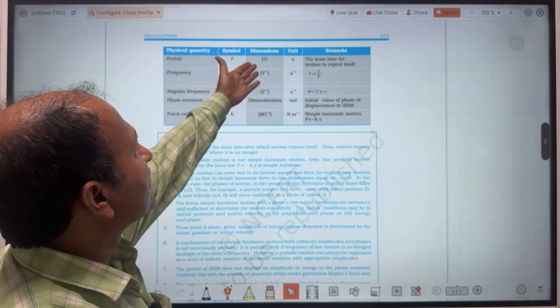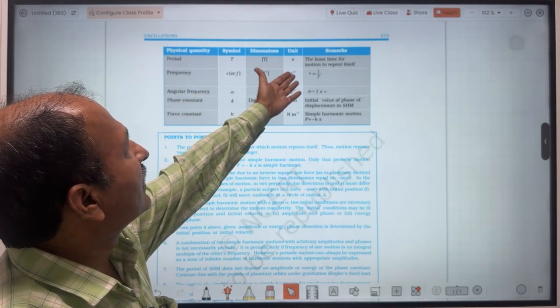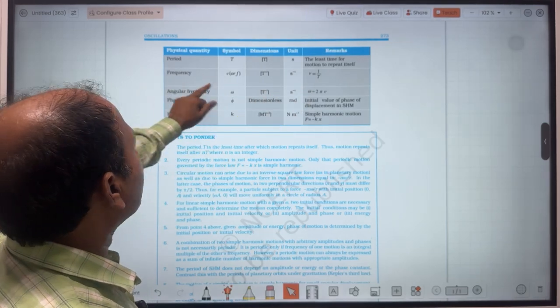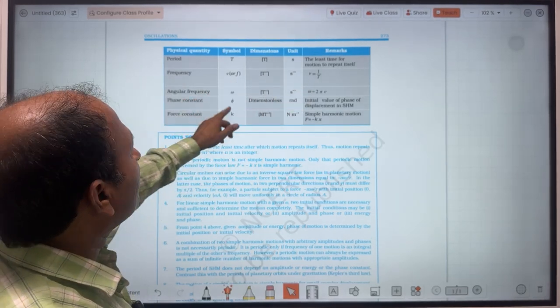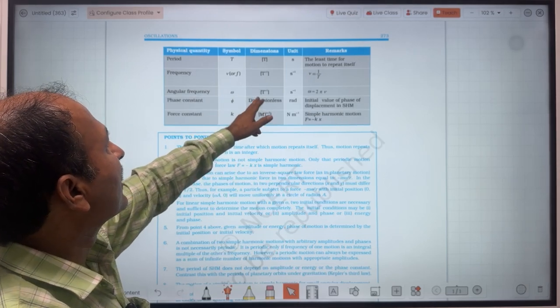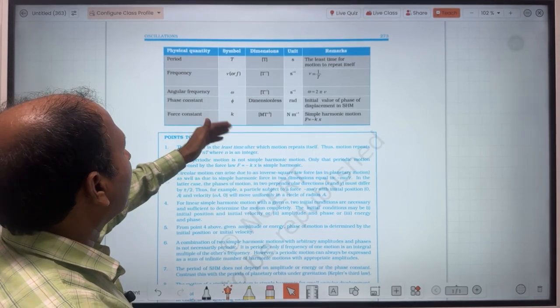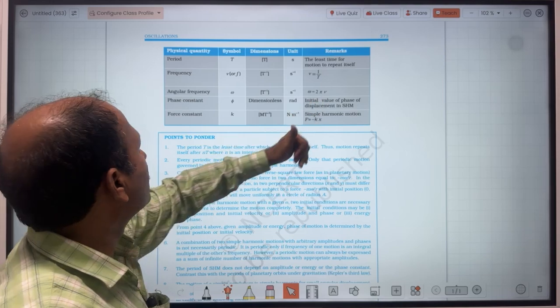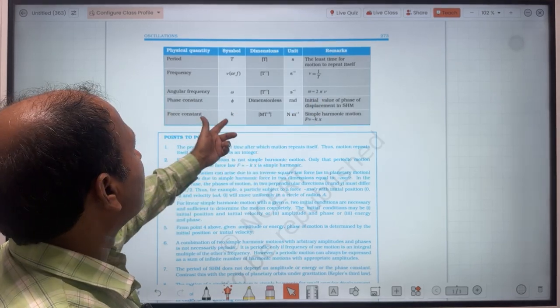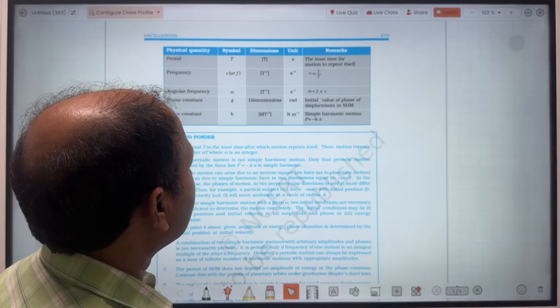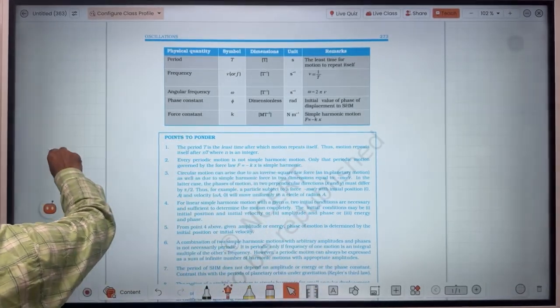Period, symbol T, dimension T, unit s, is the least time for the motion to repeat itself. Frequency nu or f is T inverse. Then angular frequency omega has dimension T to the power minus 1 and is given by 2 pi nu. Then phase constant phi, which is dimensionless, and the force constant k, which you have studied the basics of.